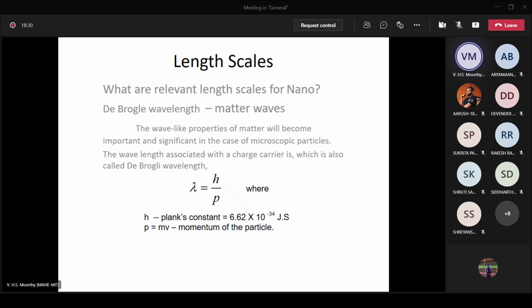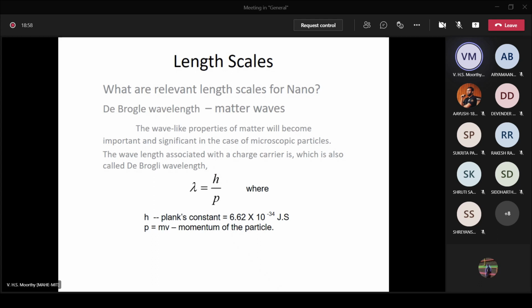Because of that, the width of the band becomes very small in comparison to macroscopic or microscopic particles. I hope you are getting my point. As we go from macro and micro to nano, the number of atoms in the solid we are considering will be very small.